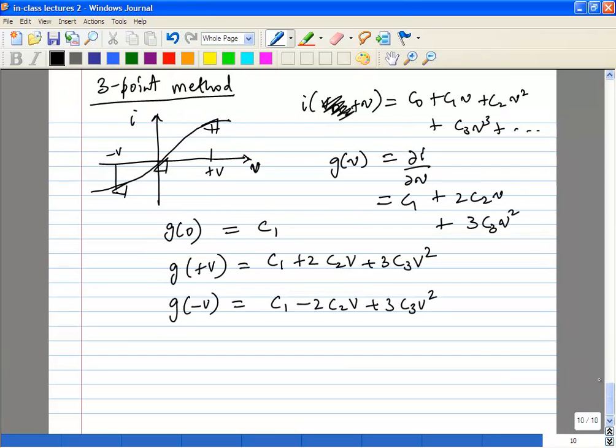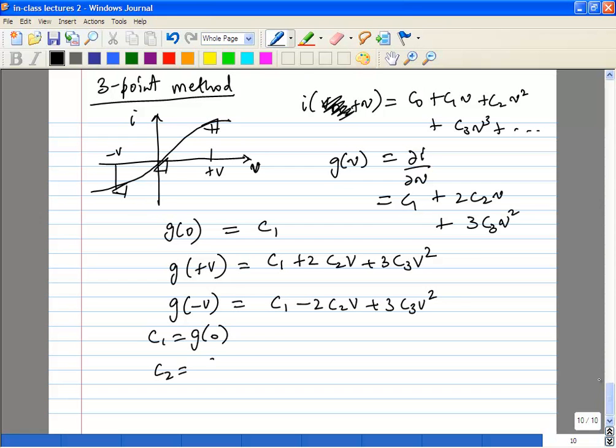Now, with these three curves, right? With these three equations, obviously you already know C1 in terms of G of 0. What you are measuring is G of V, right? At these 3 points. So you already know G of 0 is C1. Using these two, you can calculate C3 and C2 in terms of G of plus V and G of minus V. Okay, so you can calculate, of course, C1 is G of 0.